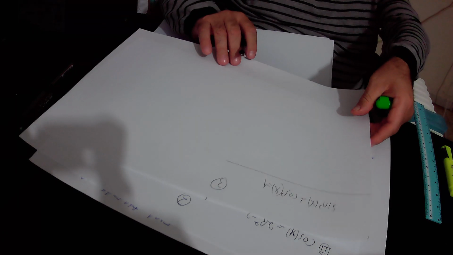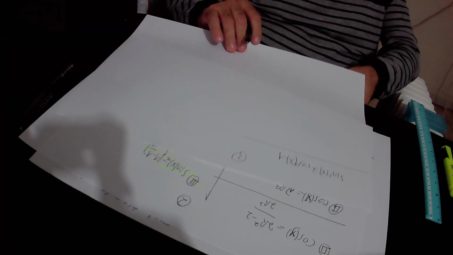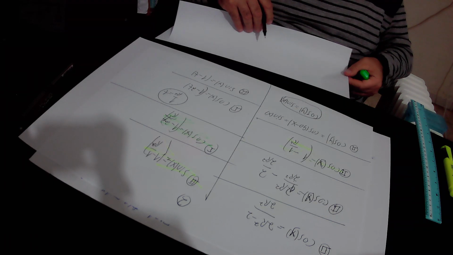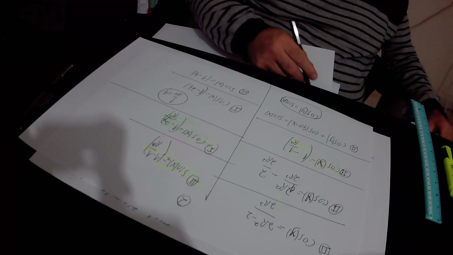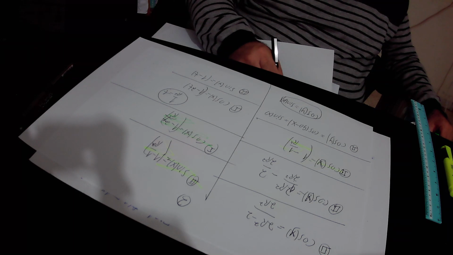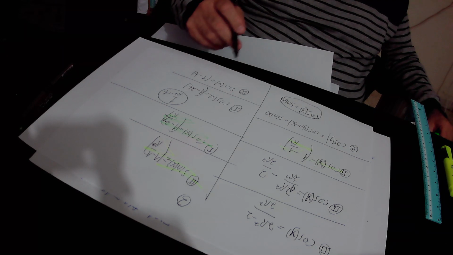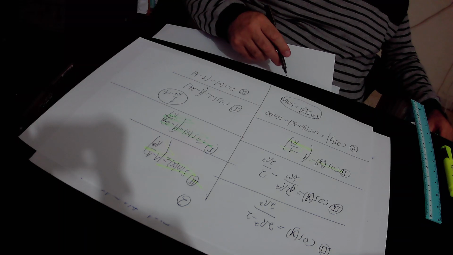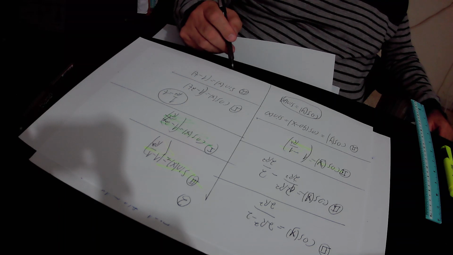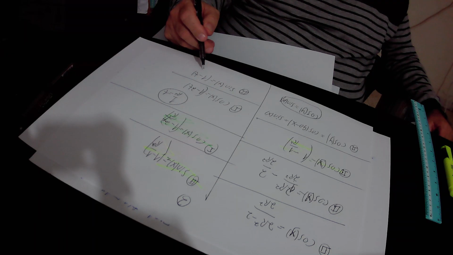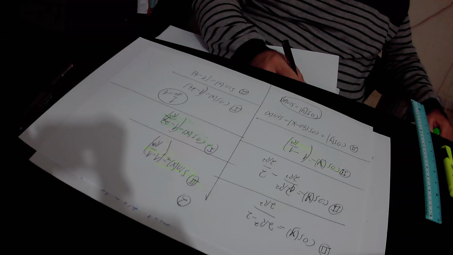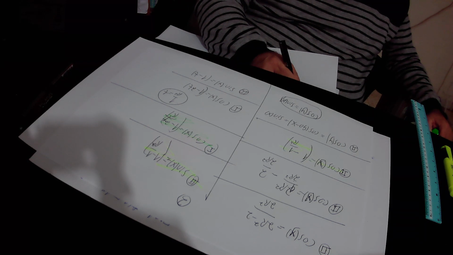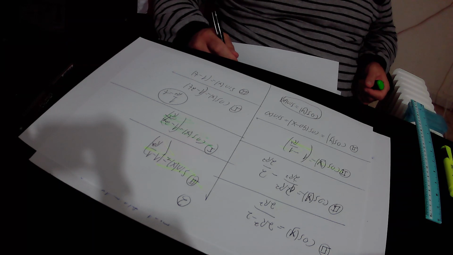Sine square x plus cosine square x equals 1. And we implement this trigonometric identity here in these two equations. So, according to equation number 2, sine x equals 1 minus t, therefore sine square x equals 1 minus t squared, plus cosine square x.